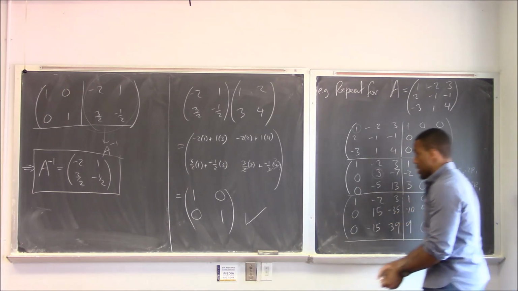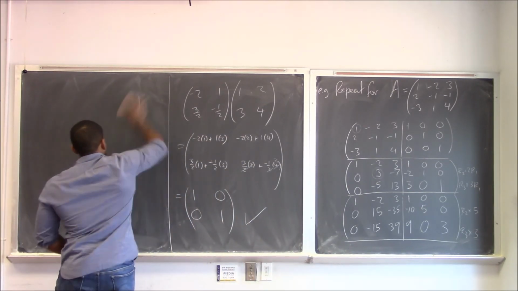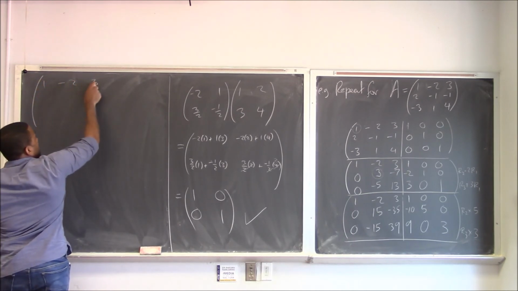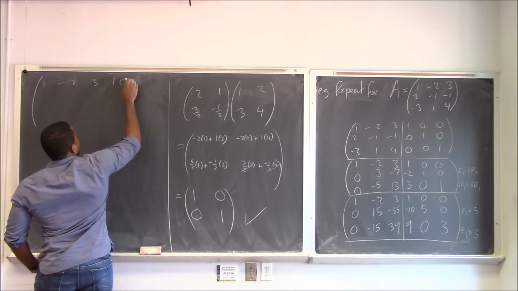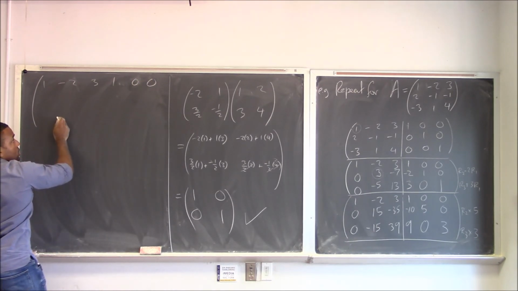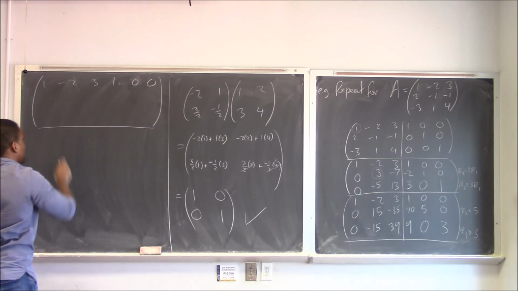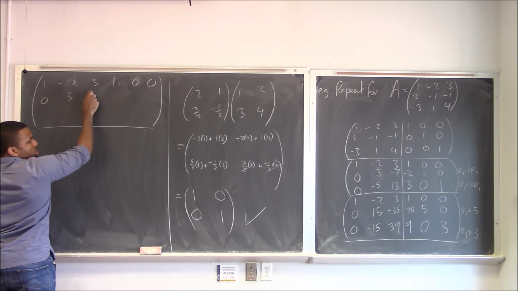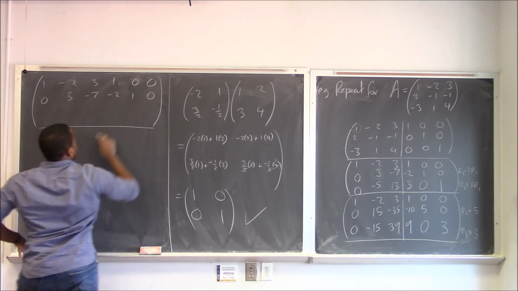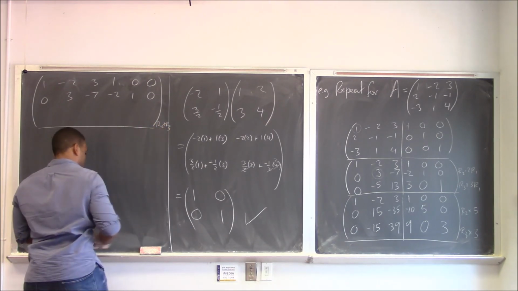Let's kill that guy by just adding them. Let's put the smaller version of row 2 here. At this point, I'm going to take row 2 and add it to row 3.